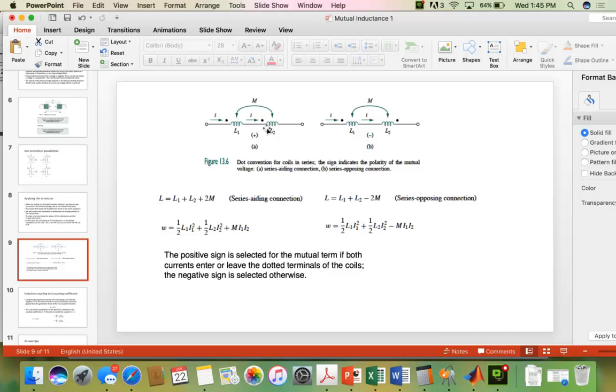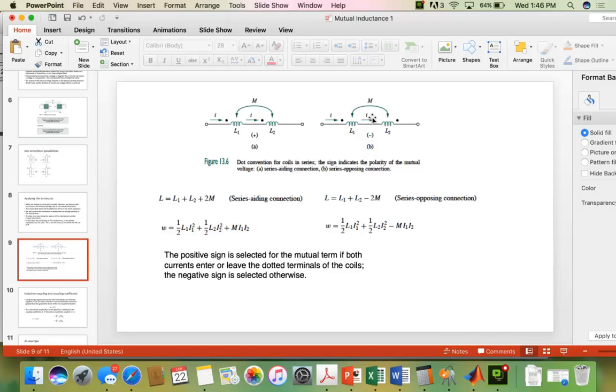You get a voltage drop across L2 because you would have a j omega L2. But then you also will have the mutual term of L2 affecting L1 and of L1 affecting L2. So what this is saying is if these two inductors are placed in series, the overall equivalent inductance will increase, and it'll increase by a value of 2 times the mutual inductance.